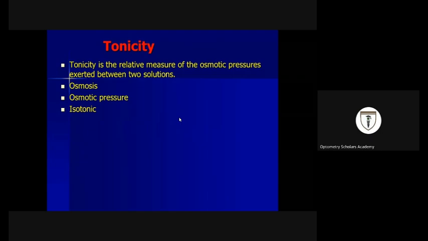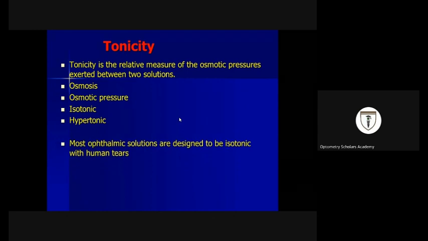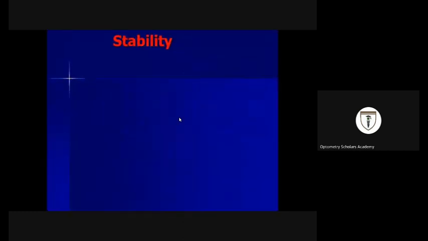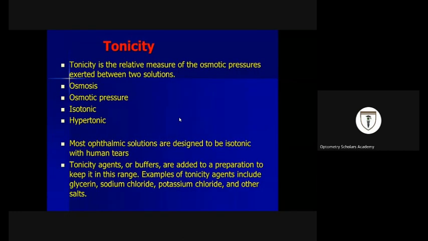Most ophthalmic drugs are designed to be isotonic with the human tears. Some tonicity agents are called buffers. They are usually added to the preparation of drugs to keep it within a particular range of pH.